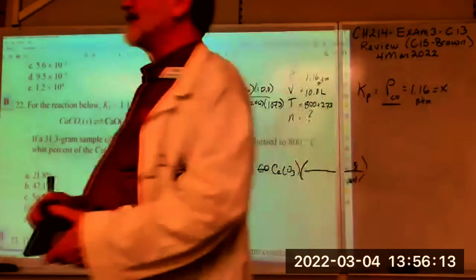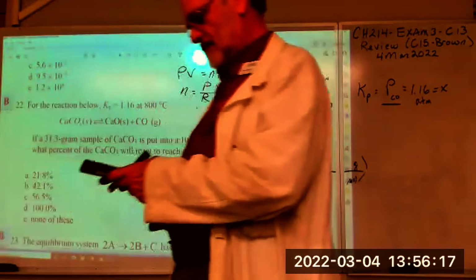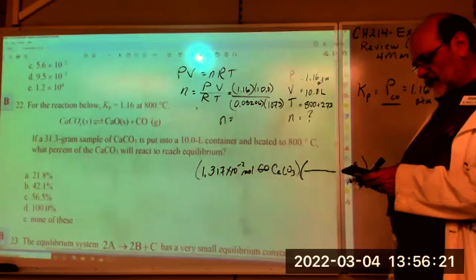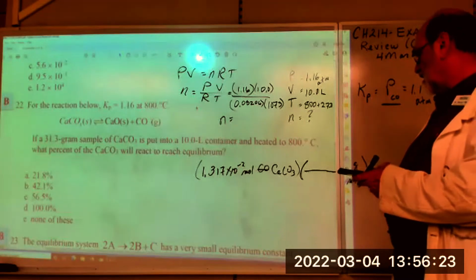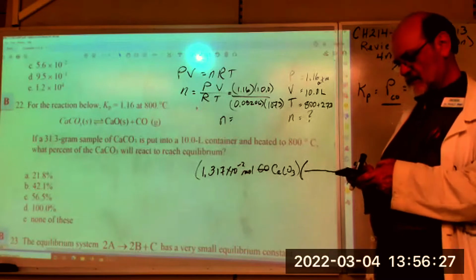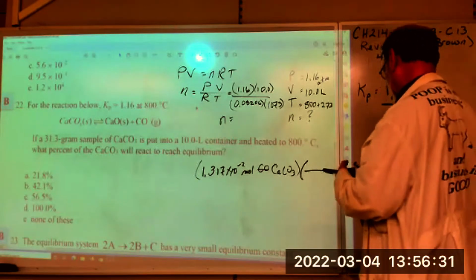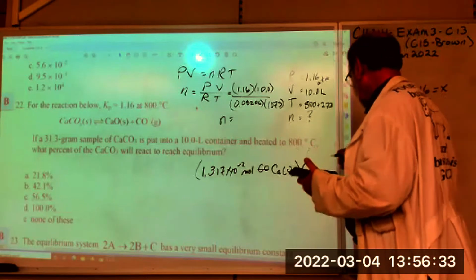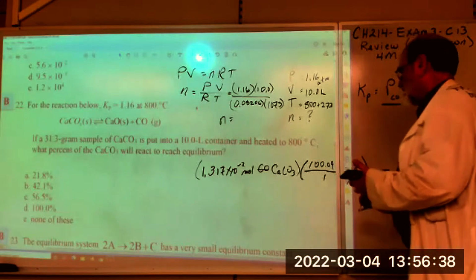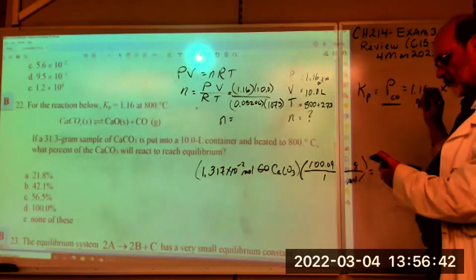Let's see. Calcium is 40.08. Carbon is 12.01. And 3 oxygens, 48. So that's 100.09. Times, and I've still got it in my calculator to save time.